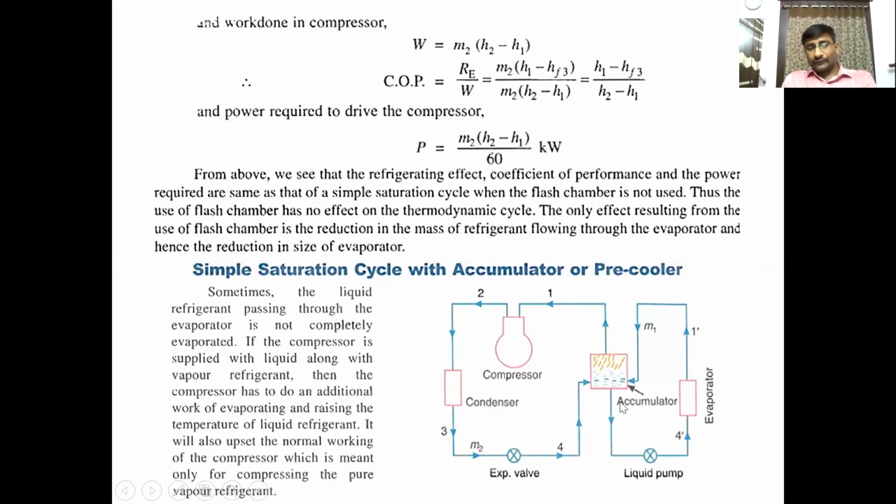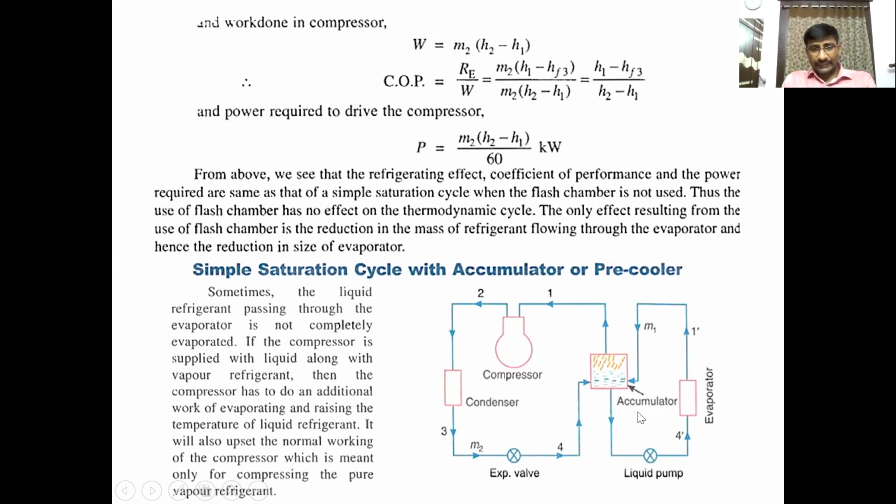So heat given out from the accumulator is the outcome from the accumulator. The amount of mass of liquid sent by the accumulator to the evaporator is M1 itself. This is the M1.